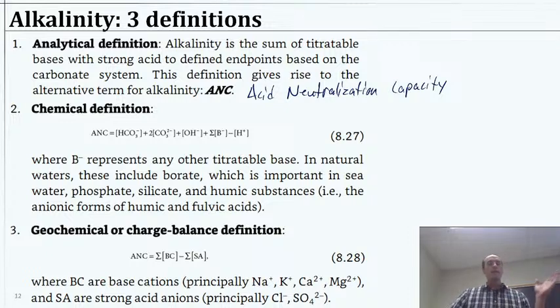So for the definition of alkalinity, we said this is the sum of titratable bases that we can titrate with a strong acid to defined endpoints based on the carbonate system. So when we did all those titrations, what we said was we can do an electroneutrality balance.